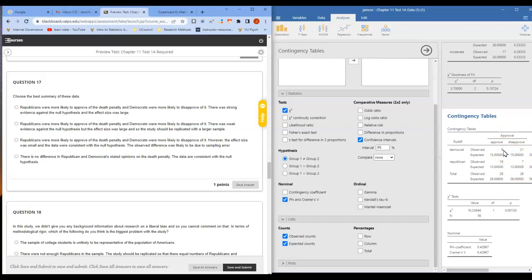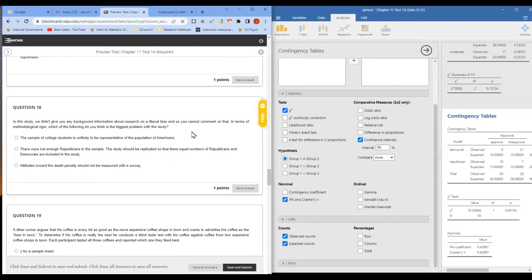Democrats were more likely to disapprove than would be expected based on no association, or another way of saying that is they were less likely to approve. Right? So the best summary there would be the first one. Republicans were more likely to approve of the death penalty, and Democrats were more likely to disapprove of it. And there was strong evidence against the null hypothesis, and our effect size was large.